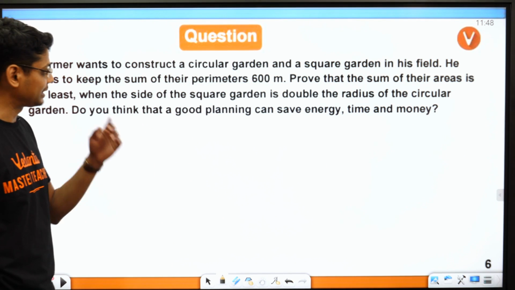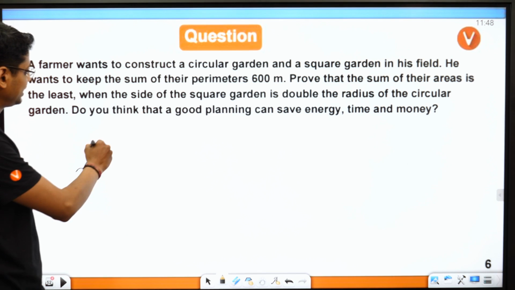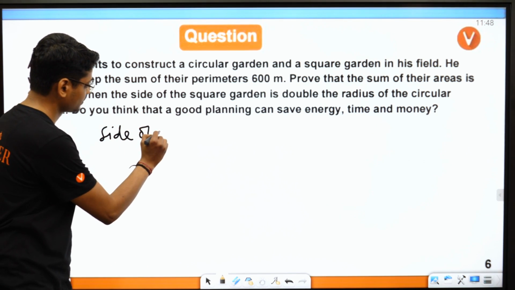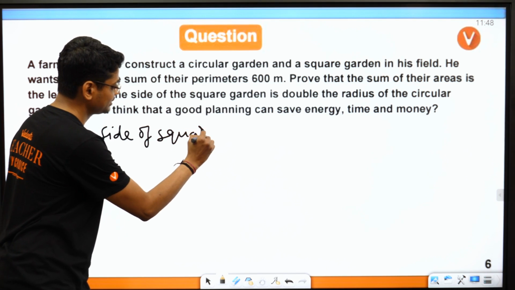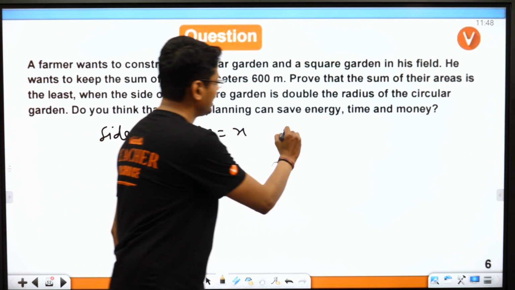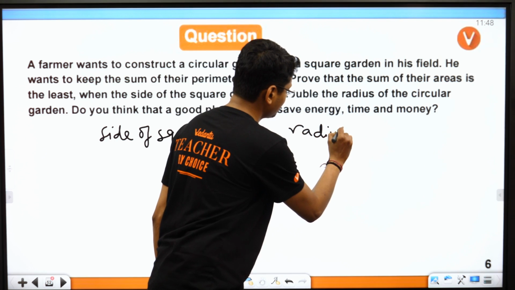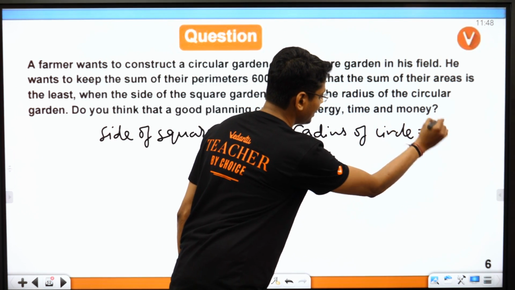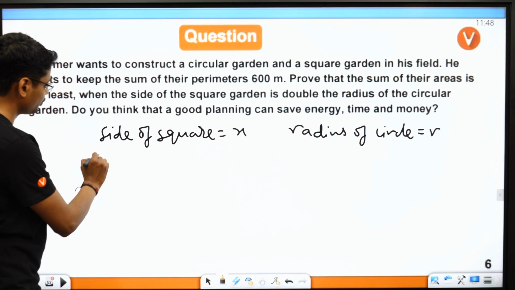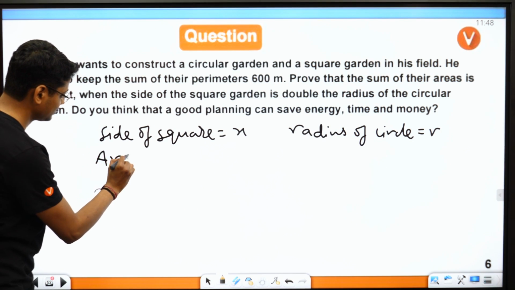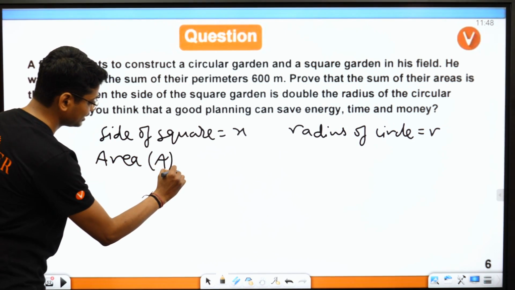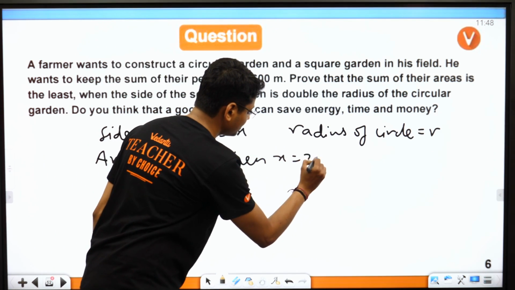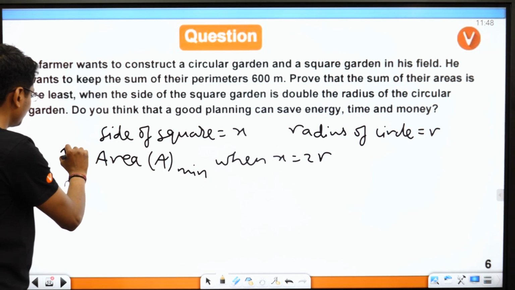So basically from a mathematical point of view, we have to say the side of the square, if I take it as x, and the radius of the circular garden, if I take it as r. So I have to prove that area, which I am calling A, is minimum when x equal to 2r. This I have to prove.